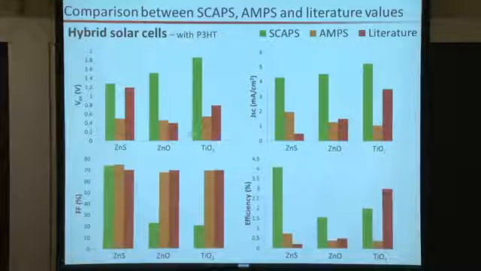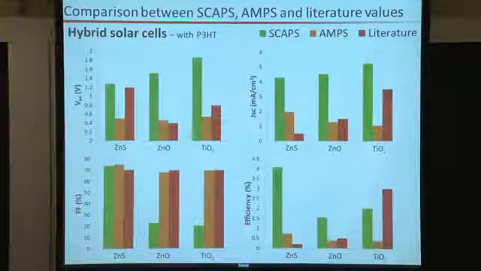We also have to note that we're expecting lower performance from our simulations than the literature, because usually in literature, the values are reported for bulk heterojunctions, a mixture of the two materials, while in the simulation, we use only flat bilayer heterojunctions. So here we can see that we obtain very low fill factors from SCAPS and very high efficiencies. That's the main discrepancy.